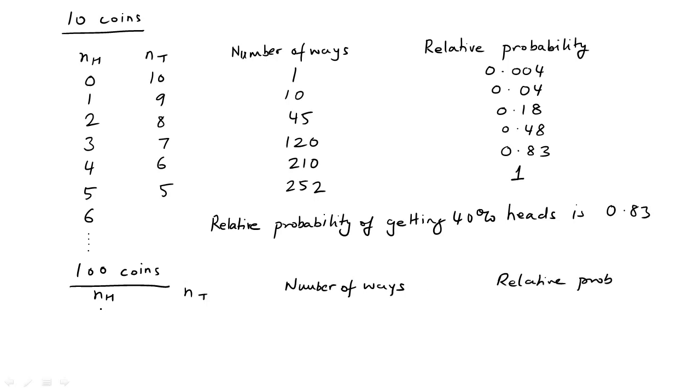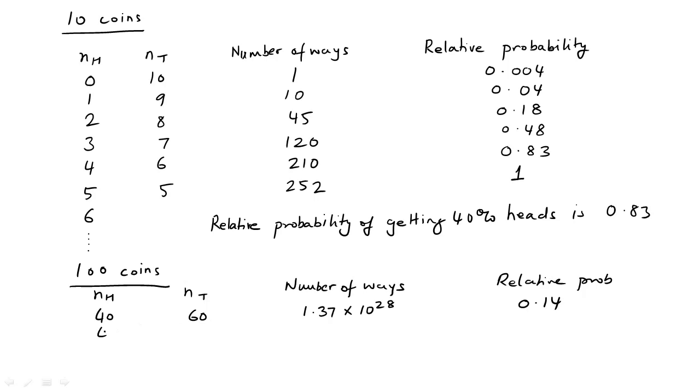The distribution with 40 heads and 60 tails, that is 40% heads, has 1.37 times 10 to the 28 ways in which it can be obtained. And interestingly, the relative probability of this is 0.14.